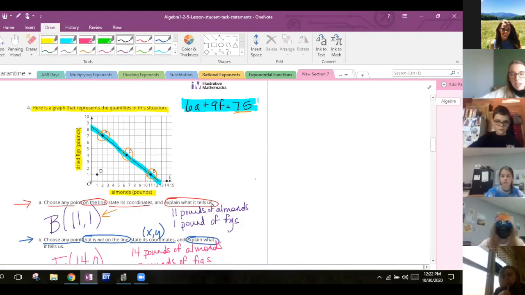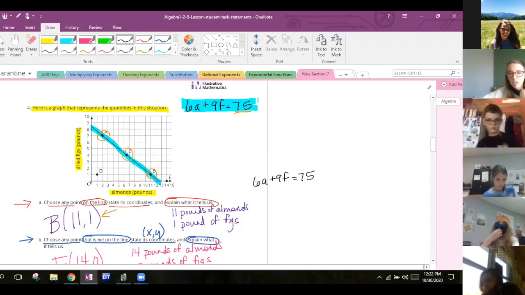Okay, so let's see. So we take our equation, and y'all can just find some place on your paper. I know y'all don't have unlimited space like I do. Okay, and we're going to substitute in our values for almonds and figs. So I'll bring down my 6 because that price is staying the same. But instead of A, what am I going to substitute in?